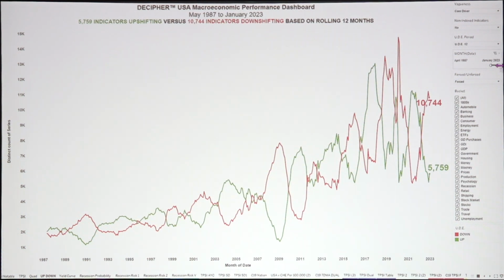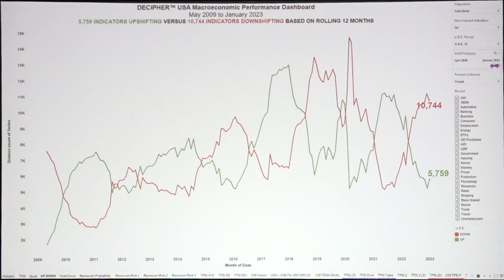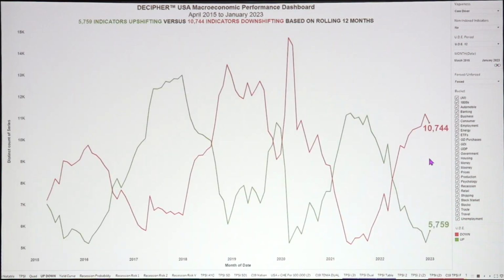Now let's magnify this as well, because we've got a lot of early time series in there. So let's magnify that a little bit more. There we go. Do you guys see that 10,744? This is only a very small segment of all the TPSI drivers we use.